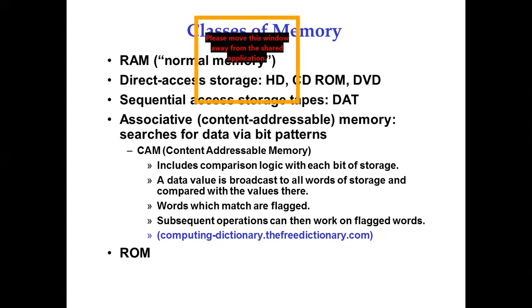There are several devices we can use as secondary memory: HD, CD-ROM, DVD, hard disk. These are the forms of secondary storage, and we can store our data finally on such devices.